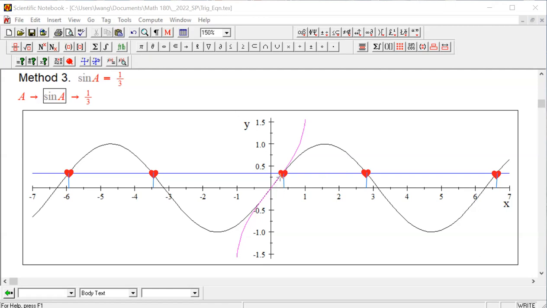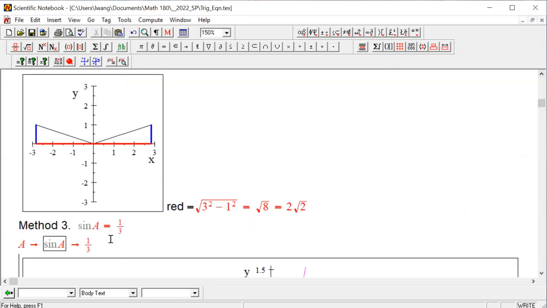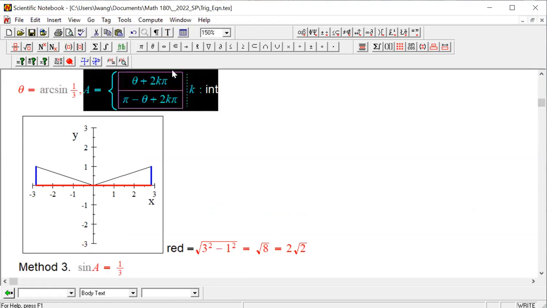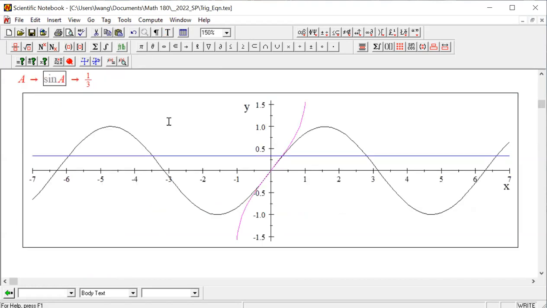So how do we find this angle? The angle is arc sine 1/3. You got it, right? And of course the solution is the same.